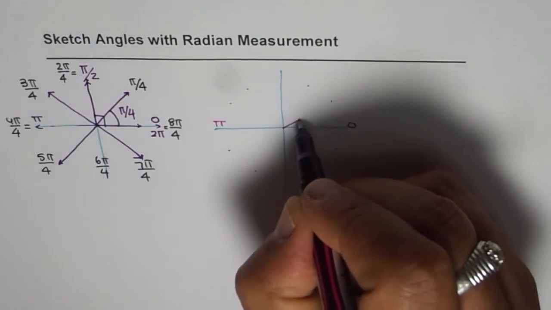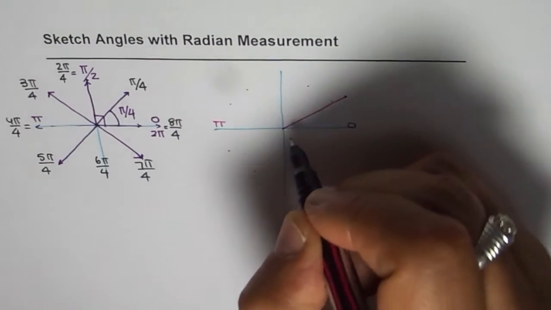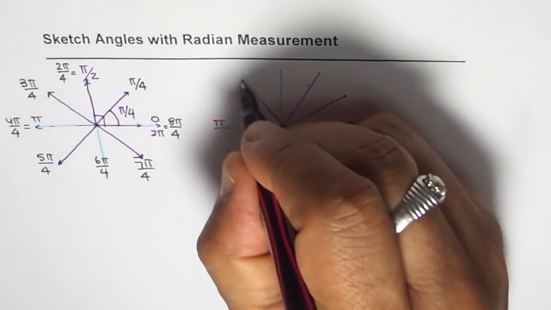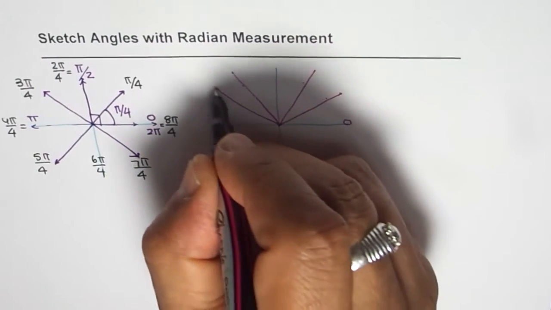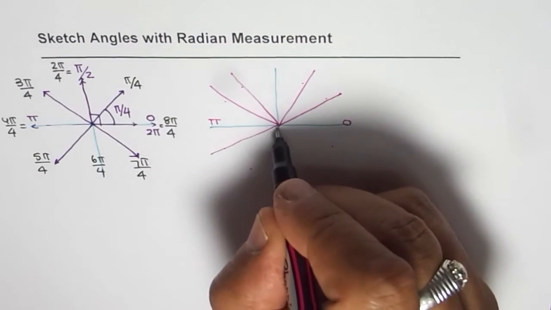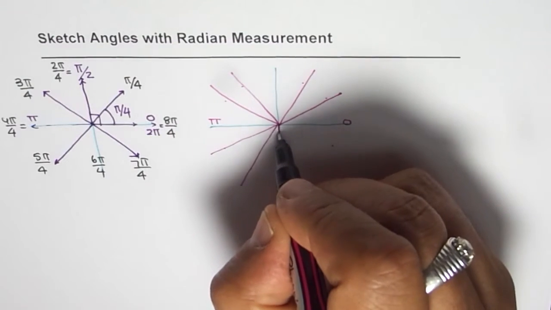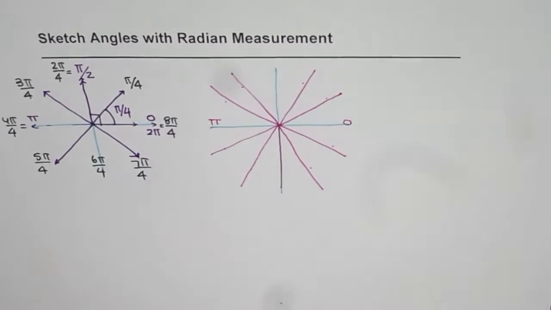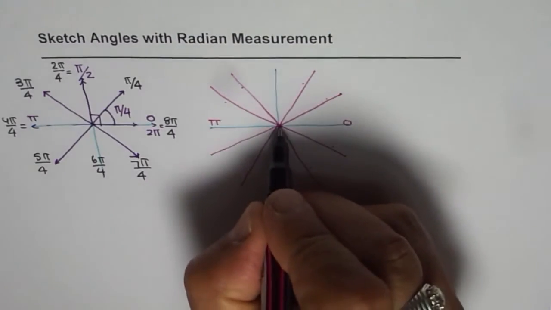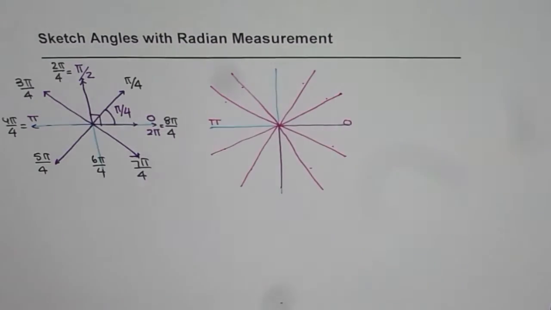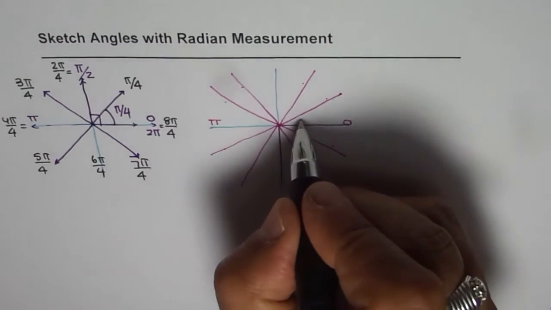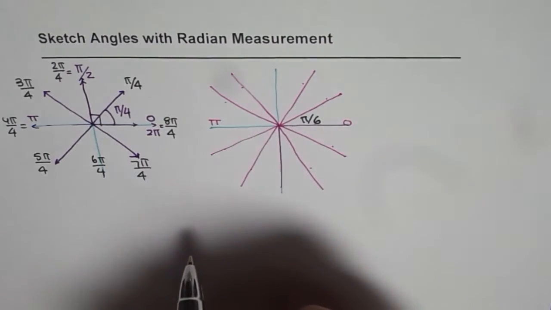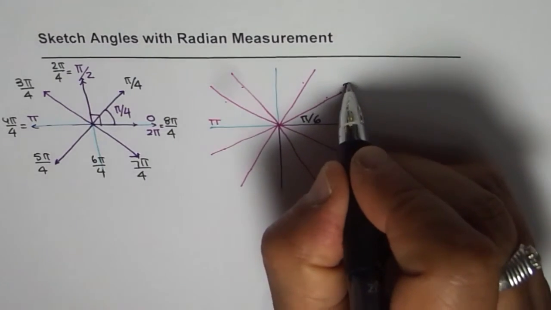So these lines equally divide each quadrant into 3 equal parts and the top half into 6 equal parts. These are my divisions of pi by 6, correct? Starting from here, which is 0, each division is pi by 6, since we divide the whole pi into 6 equal parts.